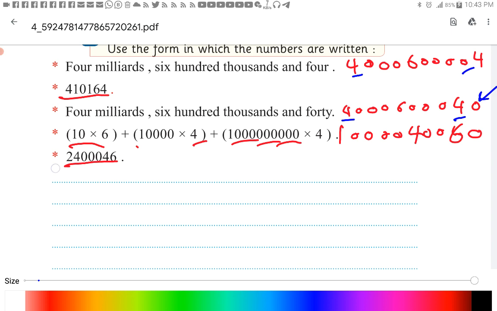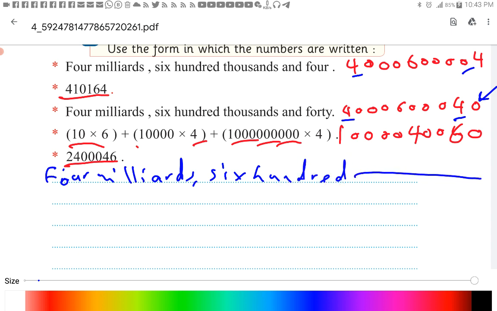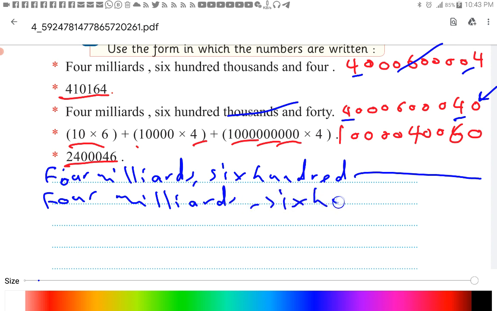You will write it in words. 4 million 600,000, and so on. Then you read this one, 4 million 600, and so on.